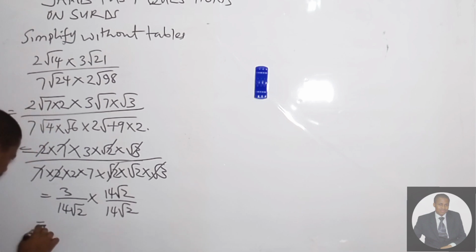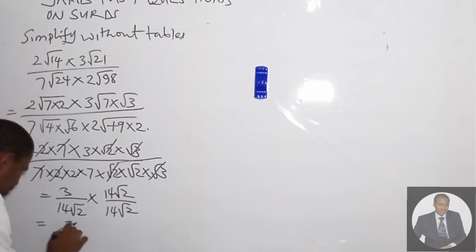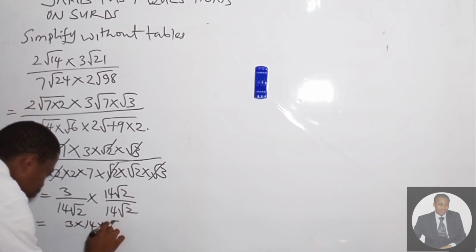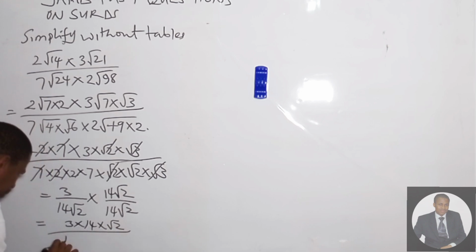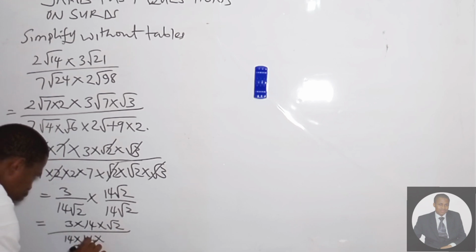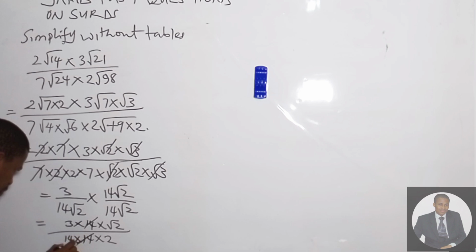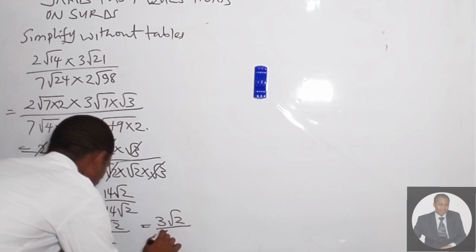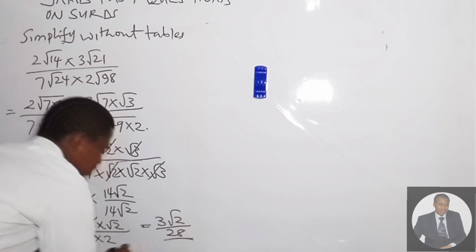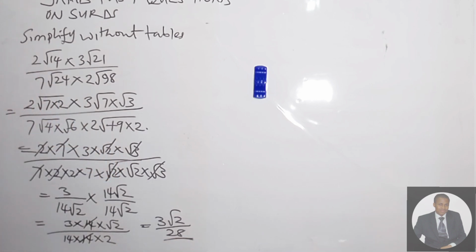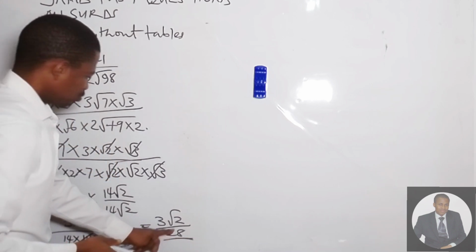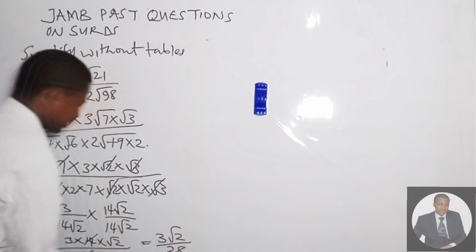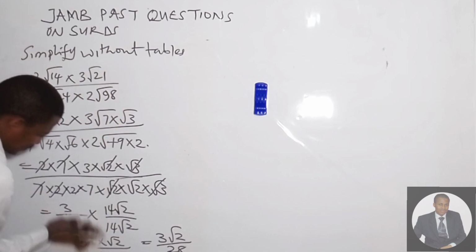So what we have will be 3 times 14 times root 2 over 14 times 14 times 2. So 14 we cut 14 here. So what we will have will be 3 root 2 over 28 as our final answer. 3 root 2 over 28 here.